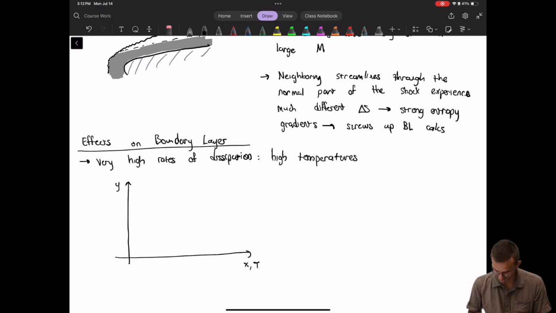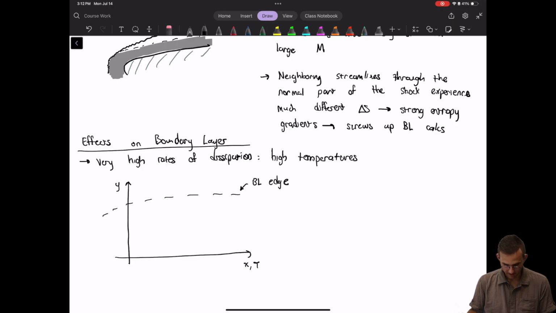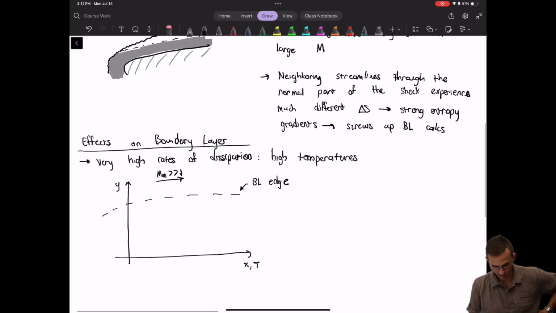What you have here is the boundary layer edge, up a certain distance away from the surface. Out here the flow has a Mach infinity that is huge, much, much greater than 1, and we'll say we have some temperature of the free stream as well, T infinity.